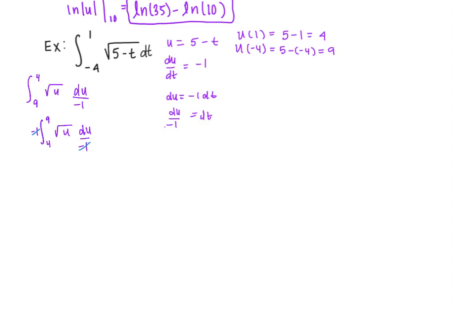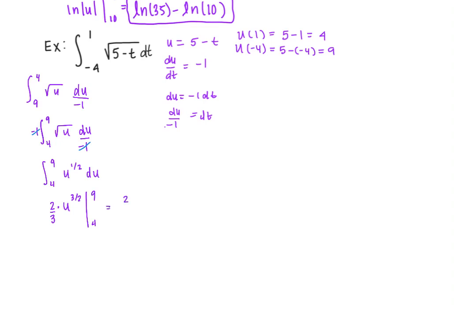So now I have this integral here, the integral from 4 to 9 of square root of u. I'm going to change that to be u to the 1/2. And now I can take the integral. Well, u to the 1/2, you add 1, u to the 3/2, and multiply by 2/3 from 4 to 9.